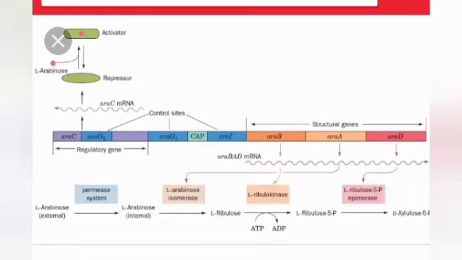ARA-B encodes L-ribulokinase, which catalyzes the phosphorylation of L-ribulose to L-ribulose 5-phosphate. ARA-D encodes L-ribulose 5-phosphate epimerase, which catalyzes the conversion or epimerization of L-ribulose 5-phosphate to deoxyxylose 5-phosphate.